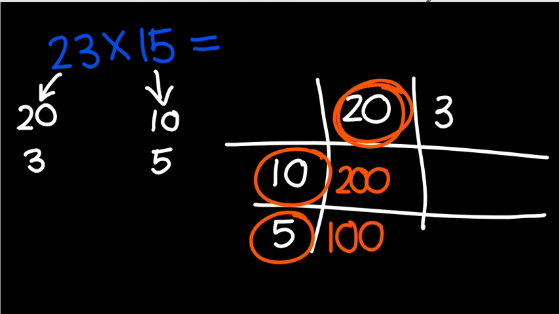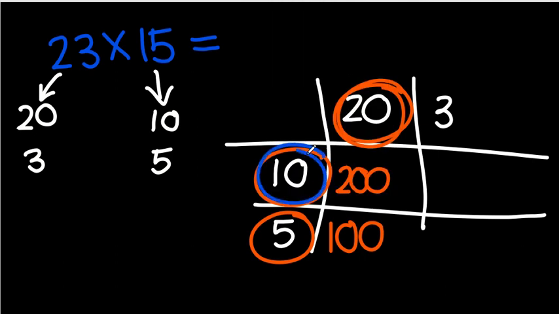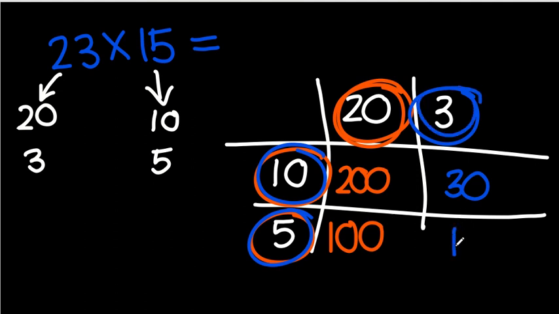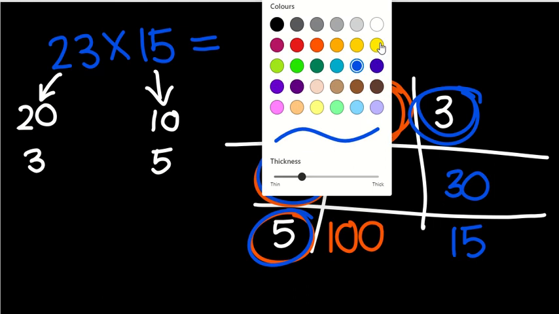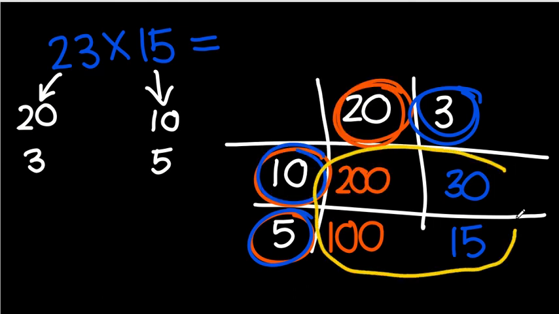Then we look at the next part, so let's get a different color for that. We've got 10 times 3 is 30, and 5 times 3 is 15. And then, same as usual, we've got more numbers in here now, but exactly the same process, we've got to add all of these up. Okay, so you don't have to add it up in your head.